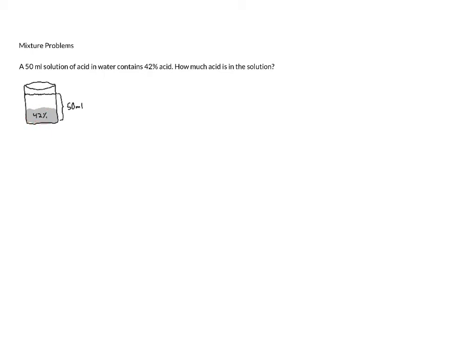So of course in the real world all of this would be mixed together, but if we could separate it, we would have this solution and 42% of it is some acid, and then the rest of it is water. So if we want to figure out how much acid there is in the solution, one thing we know is that the acid is 42% of the solution.